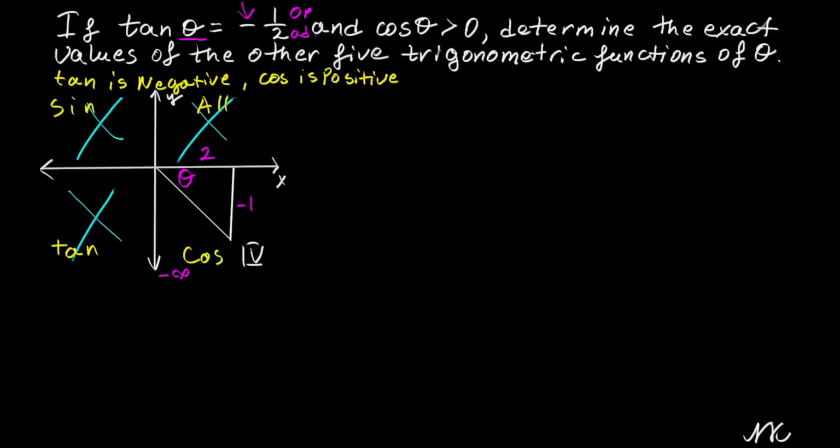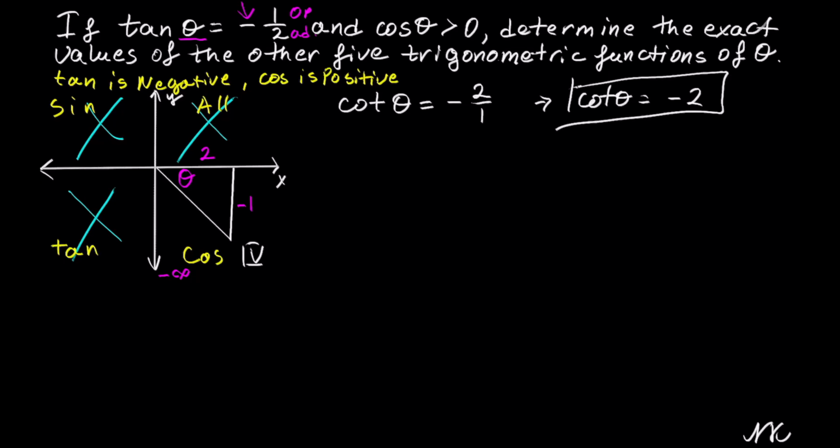Since we have a ratio for tangent of theta, we can calculate cotangent of theta by taking a reciprocal of tangent, which will give us -2/1, and this is cotangent of theta is equal to -2, and this is our solution for cotangent.